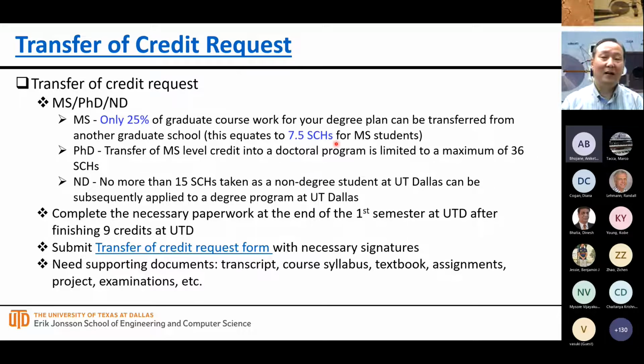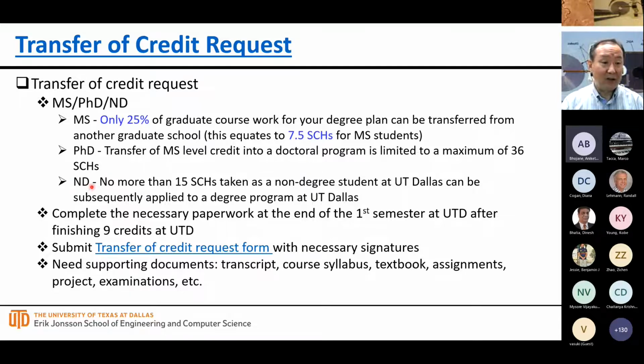So basically, 2 courses, 6 semester credit hours, can be transferred from another school to our ECE program. For PhD students, transfer of master's level credit into a doctoral program is limited to a maximum of 36 semester credit hours, no matter how many credit hours you took.